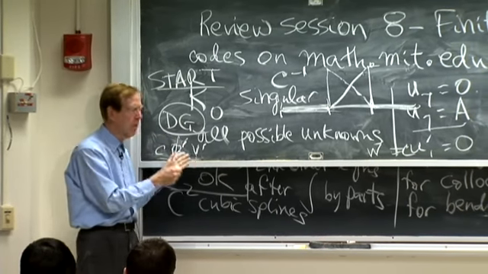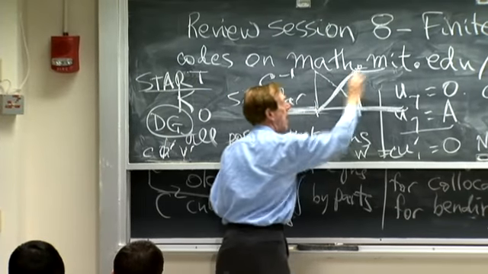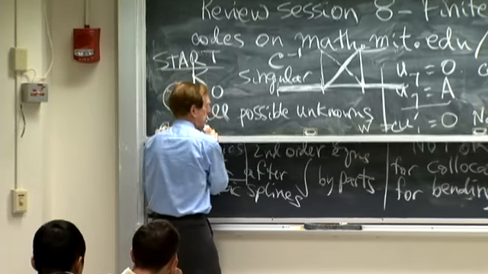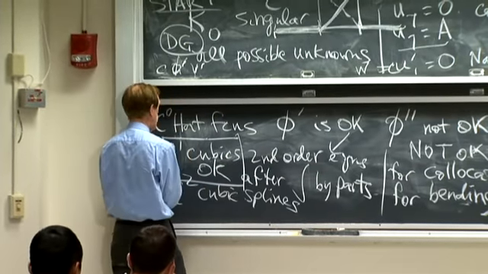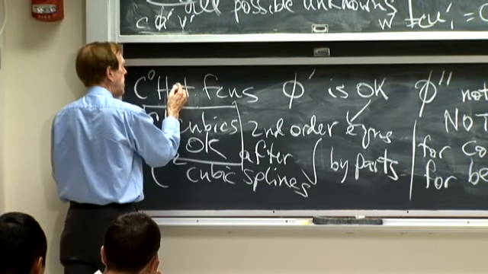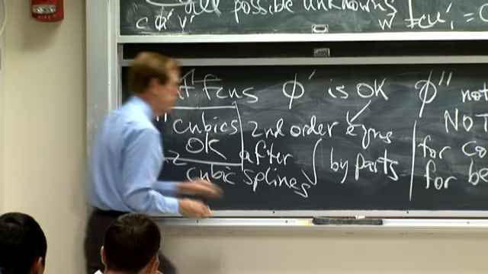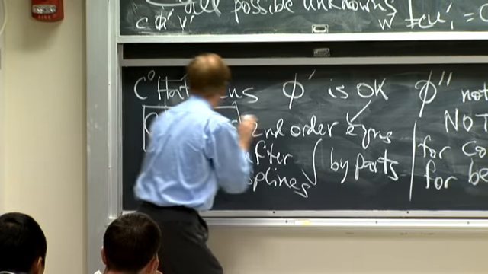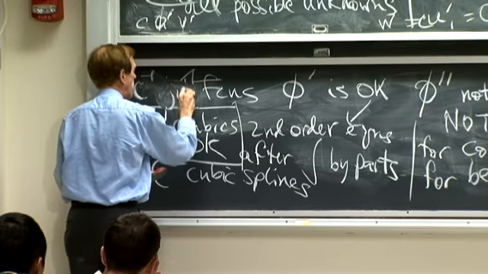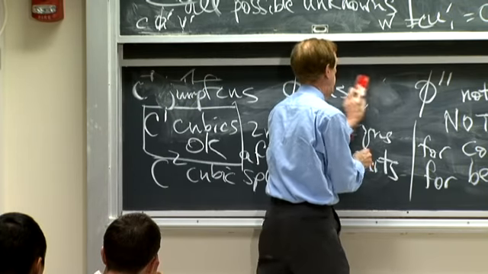Now I've got a function that's not allowed in my second order problem, right? If I looked at my list of what was okay and what was not okay, those would be C minus 1 jump functions, and phi prime is not okay.